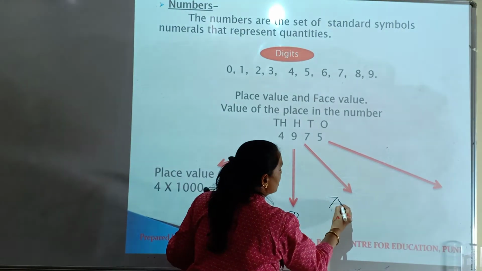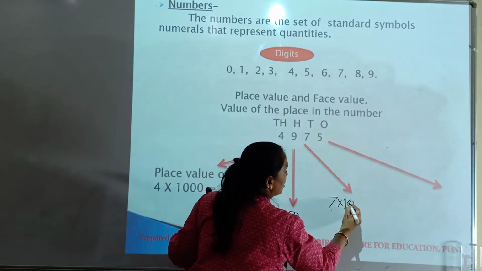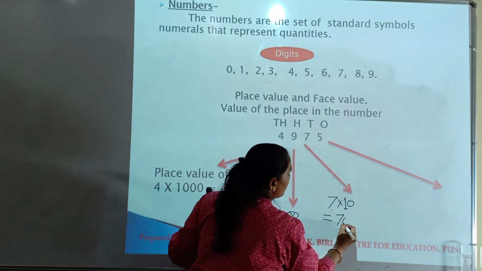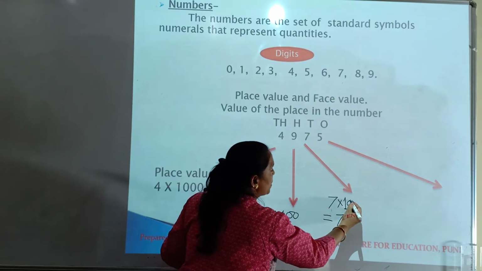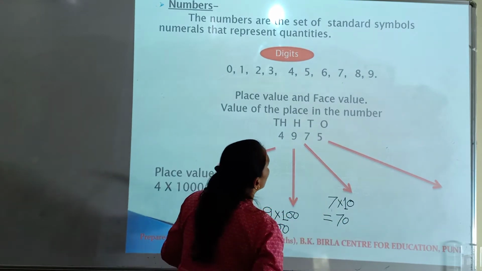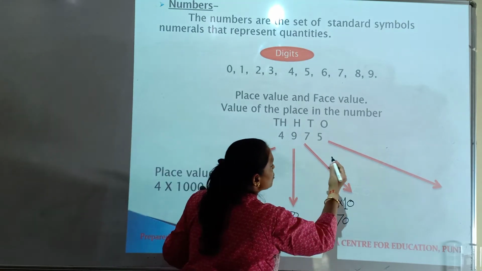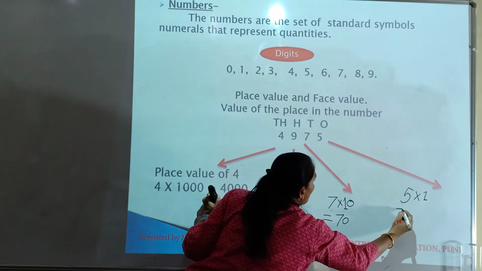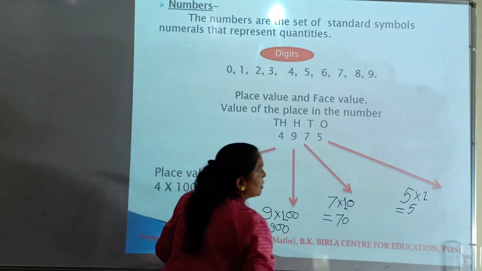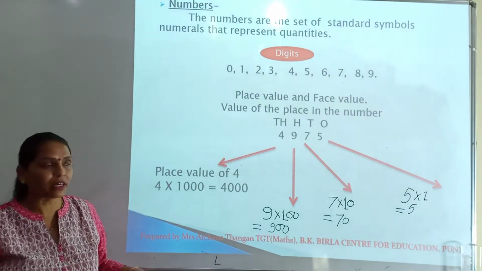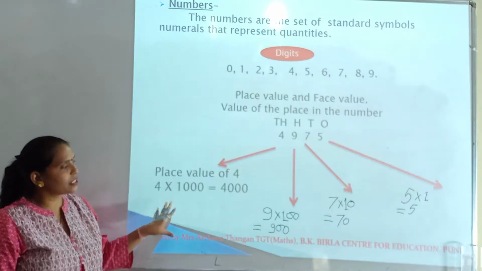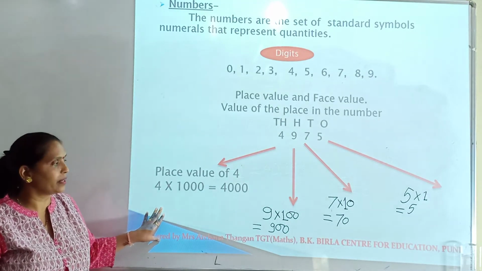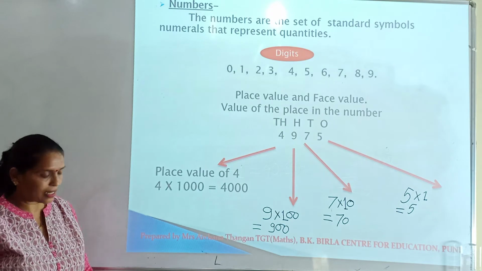So 7 multiplied by 10, its place value is 70, because 7 is on the tens place. And the first digit 5 is on the ones place. So 5 multiplied by 1, its place value is 5. We already discussed this in a previous lesson. So this is the way we find the place value of each digit.